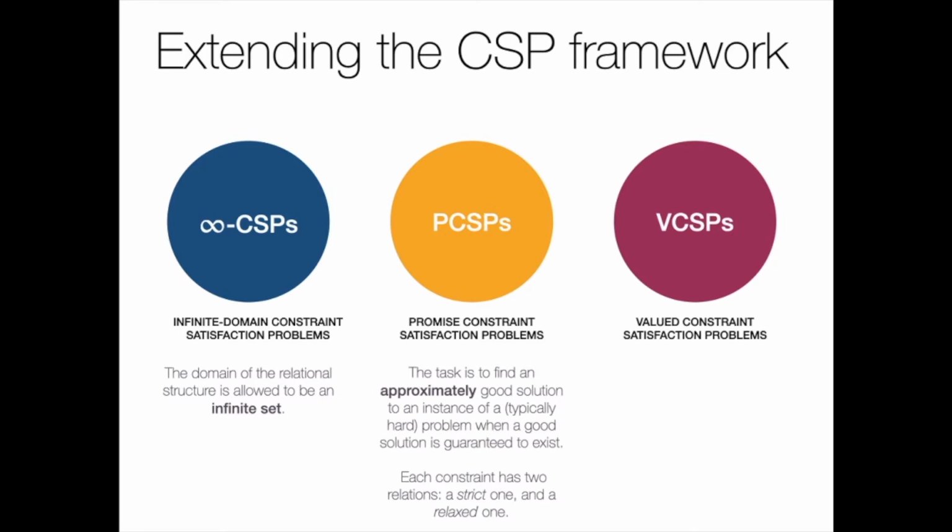The task of a promise CSP is to find an approximately good solution to an instance of a typically hard problem when a good solution is guaranteed to exist. Each constraint of a promise CSP has two relations, a strict one and a relaxed one. Finally, valued CSPs capture optimization problems. To model preferences, constraints are expressed by cost functions rather than relations.